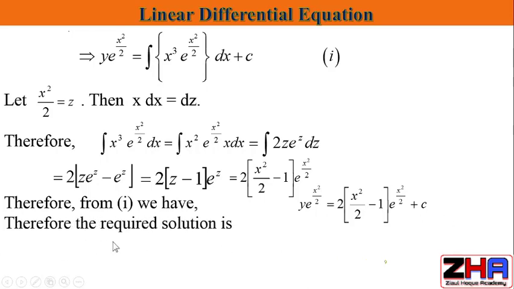Therefore, the required solution is y into e raised to the power x square by 2 equal to 2 into (x square by 2 minus 1) into e raised to the power x square by 2 plus c.